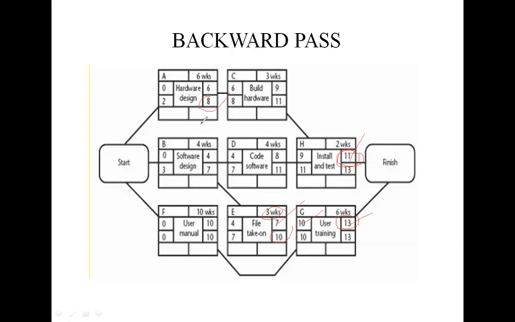The forward pass calculates the earliest date at which an activity may be started and finished, and the project completion time. The backward pass calculates the last date at which an activity may be started and finished, the float and the critical path.